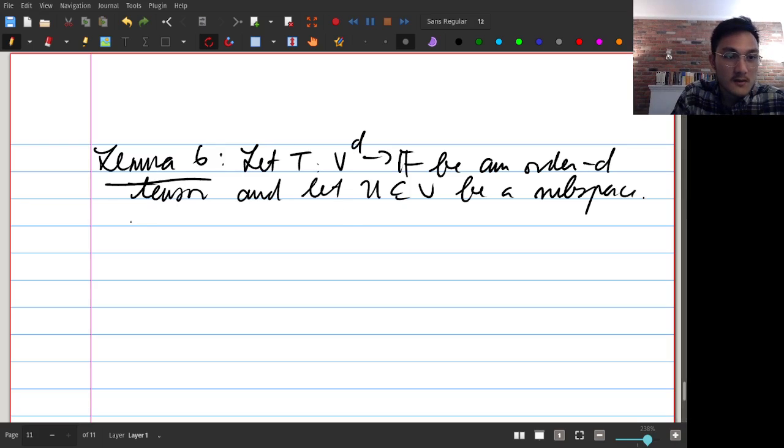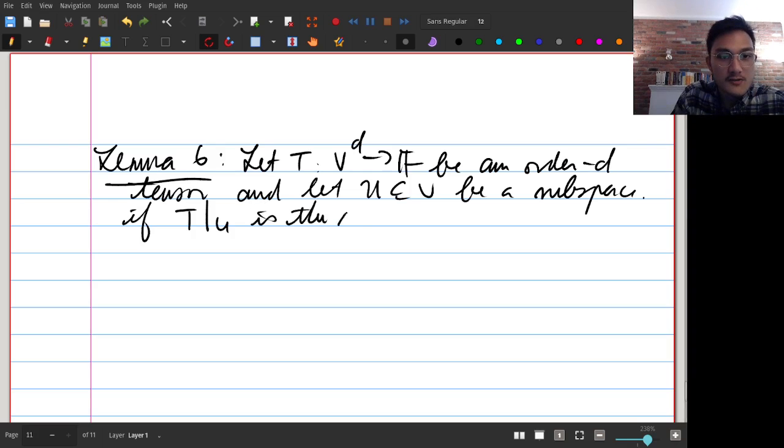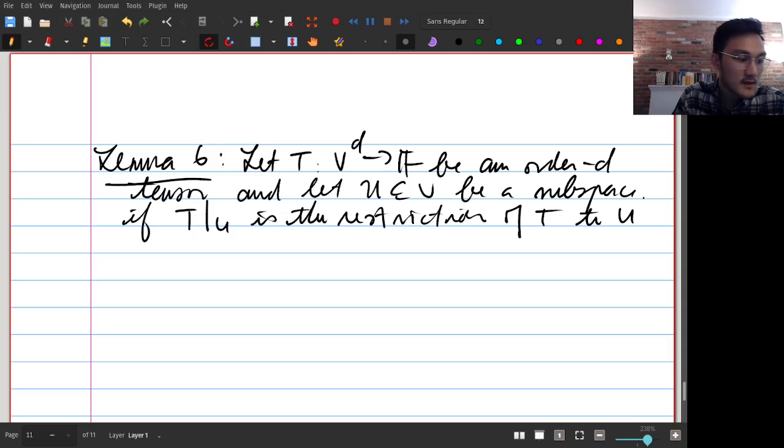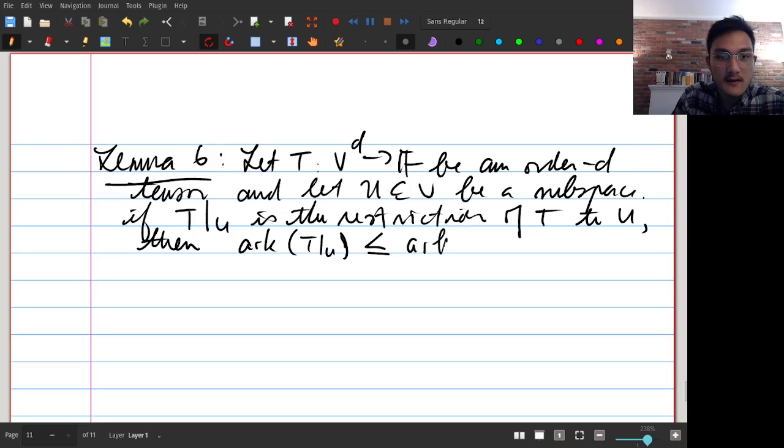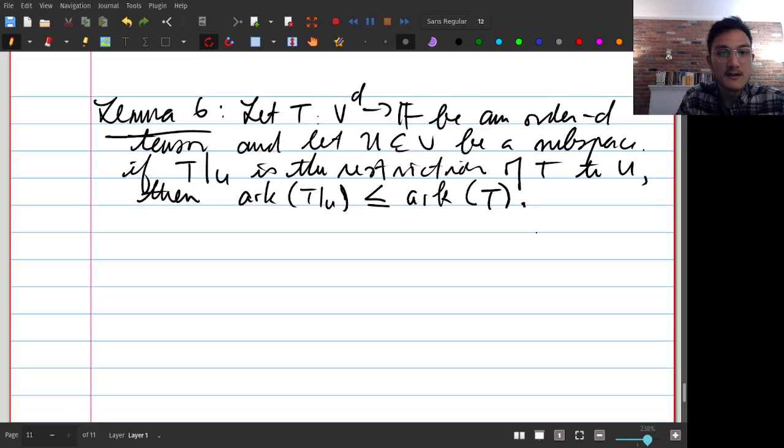Okay, so if T restricted to U, that's the notation for that, is the restriction of T to U, then the analytic rank of T restricted to U is less than or equal to the analytic rank of T. Okay, so restricting is not going to increase the analytic rank.